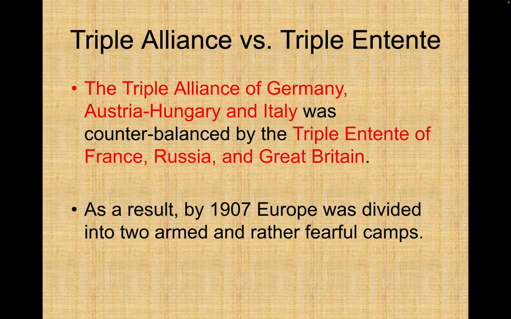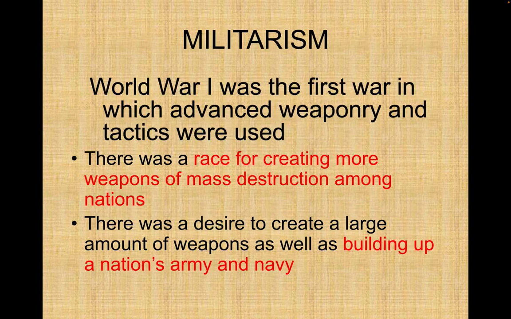Alliances. So there were two alliances: the Triple Alliance or the Central Powers, and then the Triple Entente. The Triple Alliance of Germany, Austria-Hungary, and Italy was counterbalanced with the Triple Entente of France, Russia, and Great Britain. As a result, by 1907, Europe was divided into two armed and rather fearful camps. So here, with militarism, you're seeing all of these different countries building up massive armies and massive military arms caches.